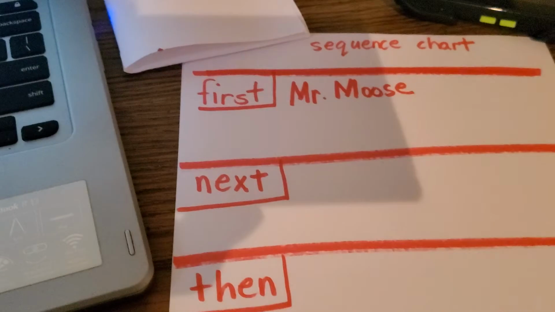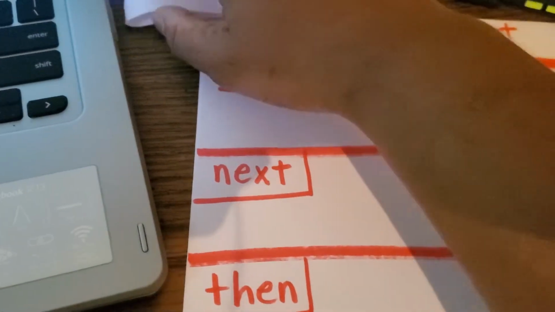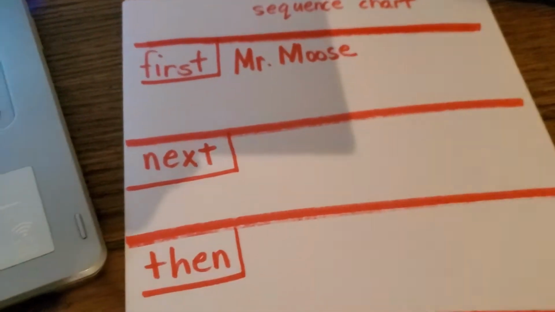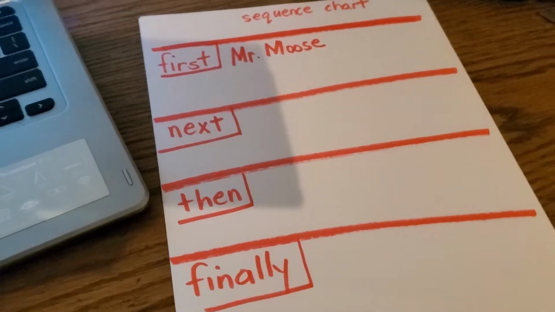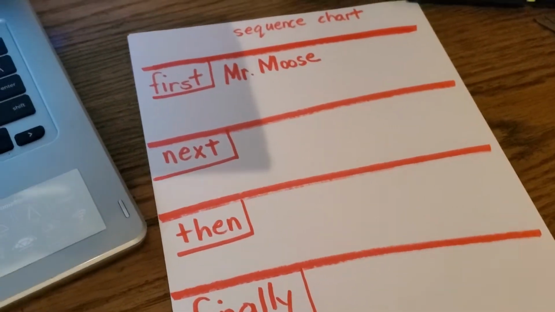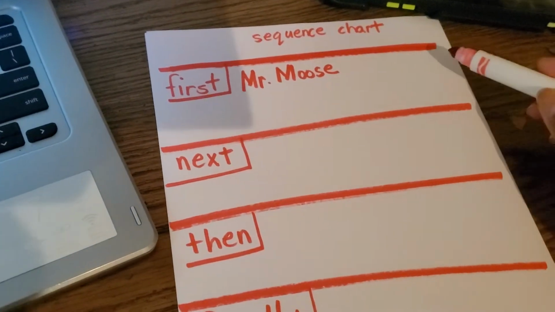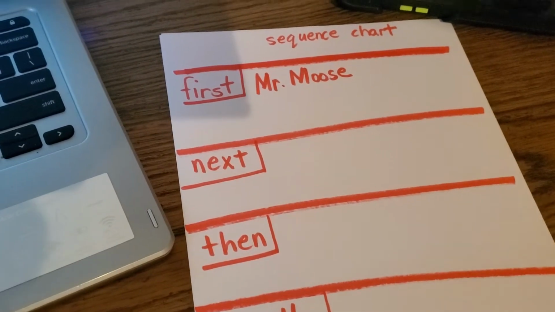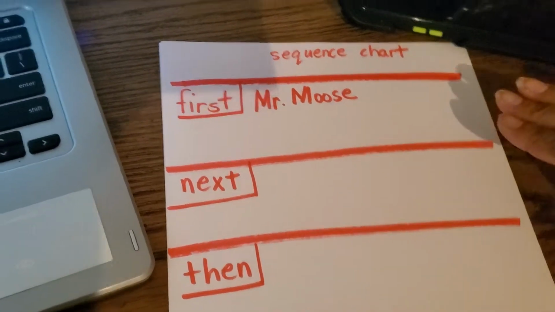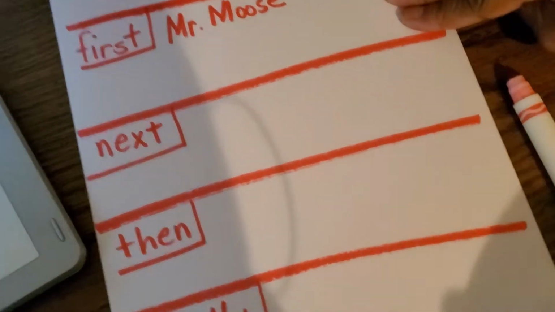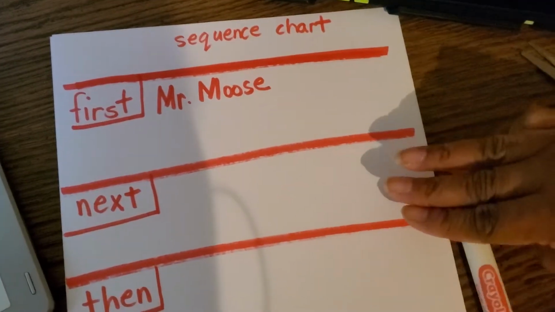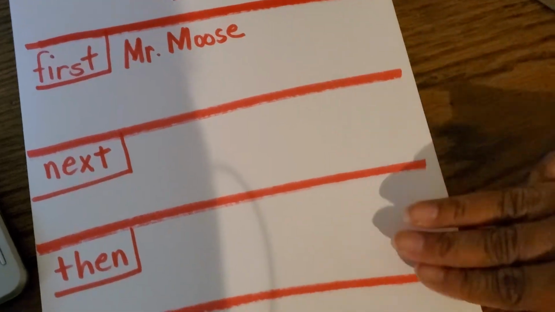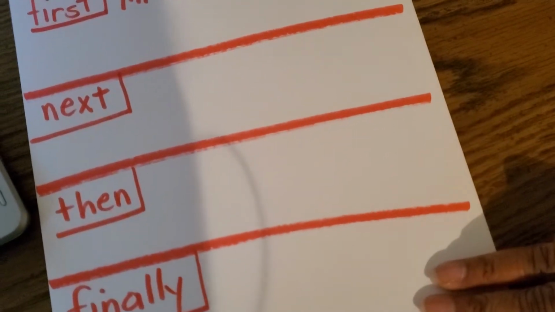So I'm going to take you right here to the sequencing chart. And you draw 1, 2, 3, 4 lines. That's all you need. For your spacing, I used 3 fingers to space it out, so it won't be just jumbled all together.